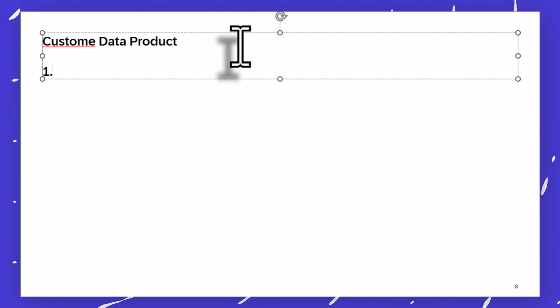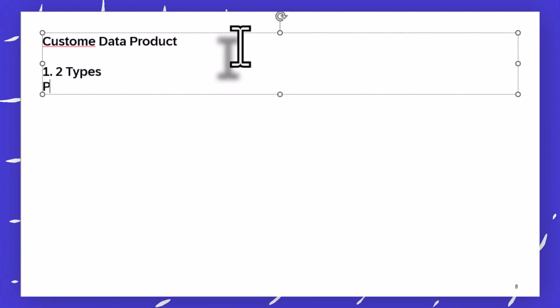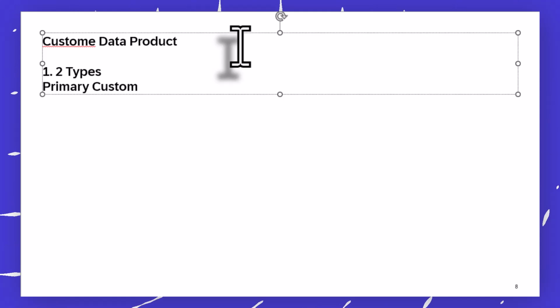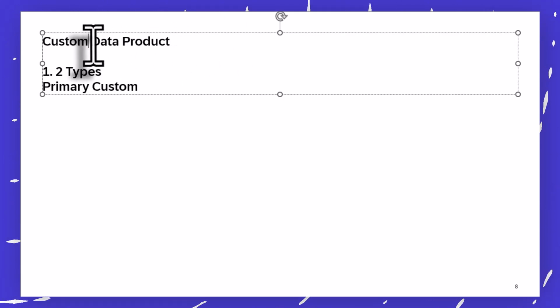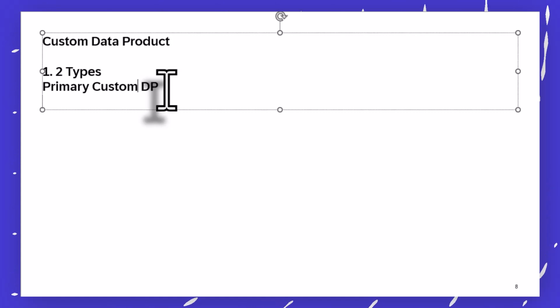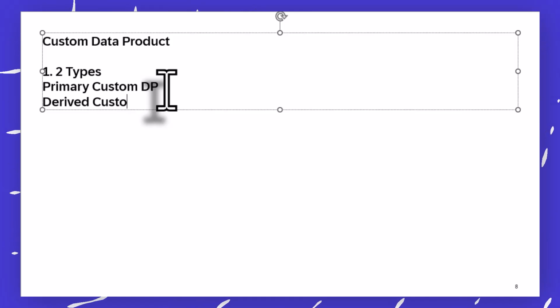So again, custom data products are of two types. One is primary custom DPs. The second one is derived custom DPs.